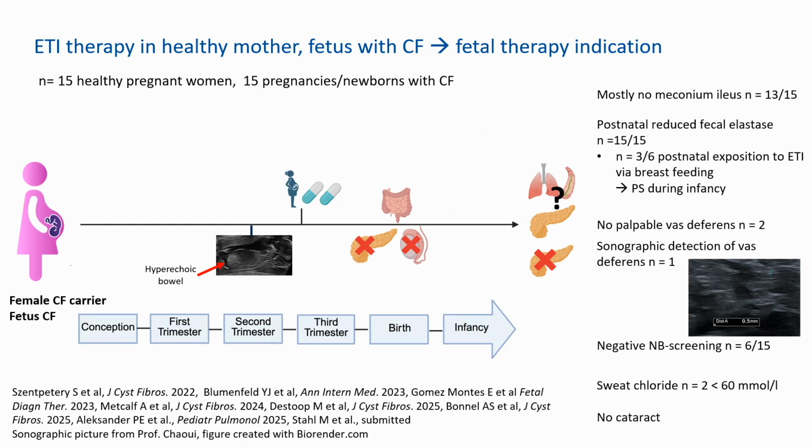Some of them were also treated without hypoechoic bowel findings, but that's most of it. And in these cases, meconium ileus was prevented in most cases, but not in all cases. So suggesting between conception and the 2nd trimester, there seems to be a time point where I might be able to prevent it, but maybe if I'm too late, or maybe other reasons, also maybe it's not good enough, I cannot prevent all meconium ileus.